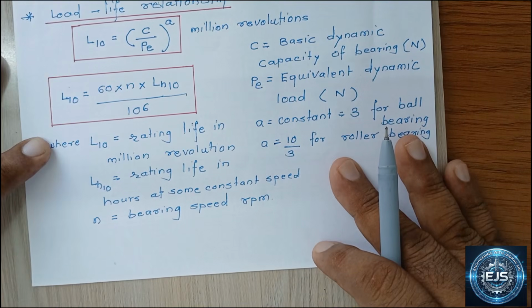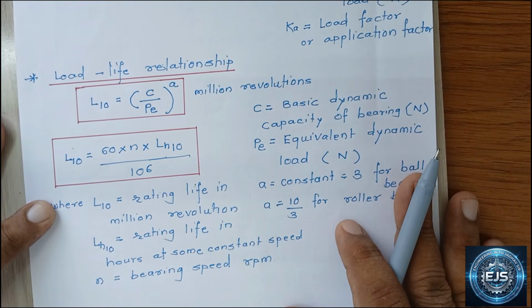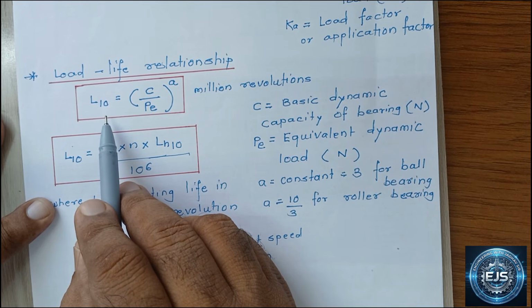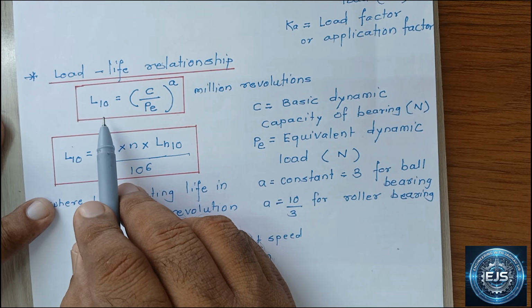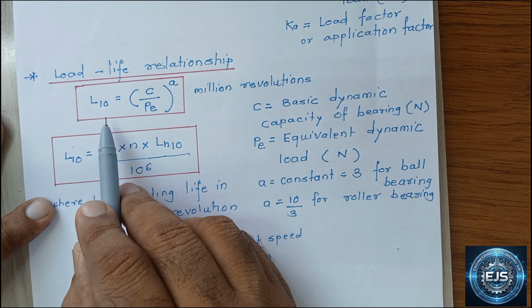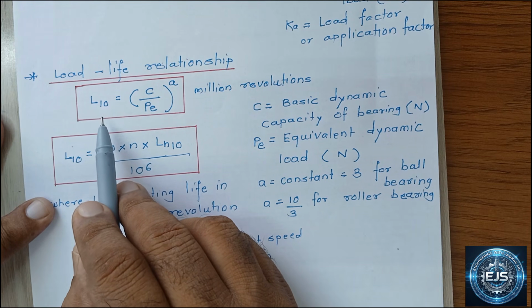Now next is load life relationship. So L10 is the rating life of the bearing. The life that 90% of the bearings will complete before the first evidence of fatigue failure is the L10 life, or it is also called the rating life.